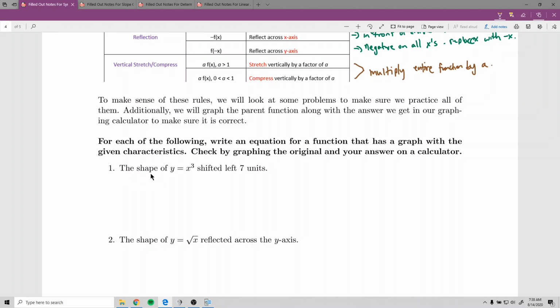All right, so this first one says we want the shape of y equals x cubed. This is just telling you what to start with. And then whatever comes next is telling you what to do to the formula. We want to shift it left 7 units.